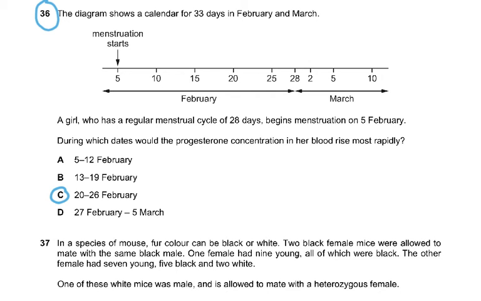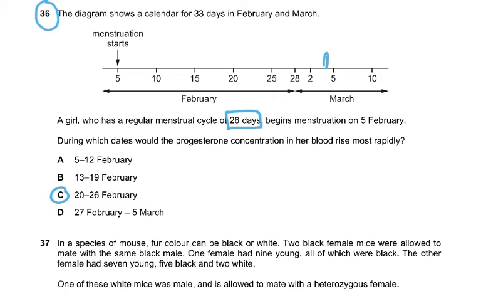Next, the diagram shows a calendar for 33 days in February and March. Menstruation starts on the fifth day of February, and then it goes on to March. It says a girl has a regular menstrual cycle of 28 days. So 28 plus 5 would be somewhere around the 32nd or 33rd. We have to see from the 5th date where the 28 days would be completed.